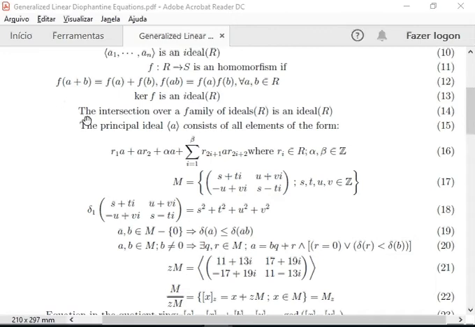Hungerford says also that the intersection over a family of ideals of R is an ideal of R. Hungerford defines the principal ideal generated by a such that it consists of all elements of this form: r1 a plus a r2 plus alpha a plus the sum of ri a ri, from i equals 1 to beta.